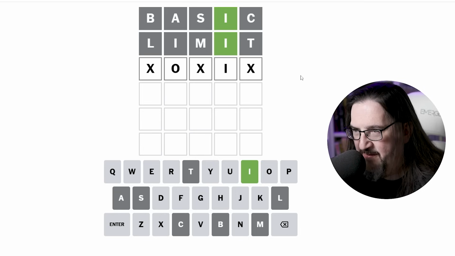I think that's kind of where my mind is going here. But I'm not seeing anything that works where we don't need a T or a C, right?